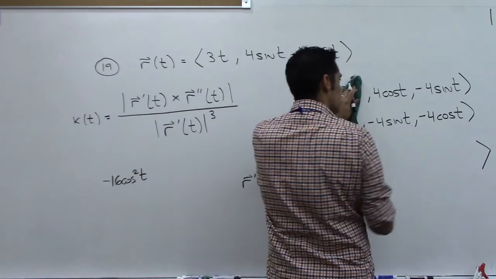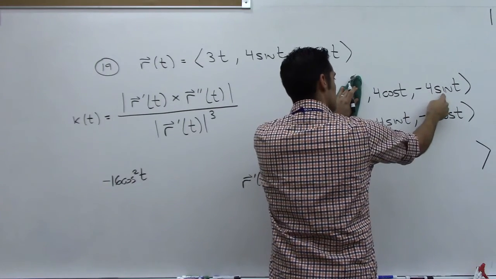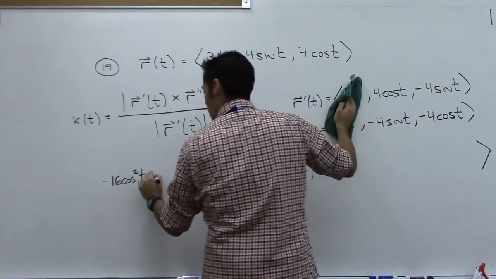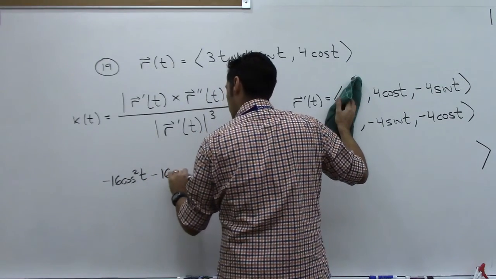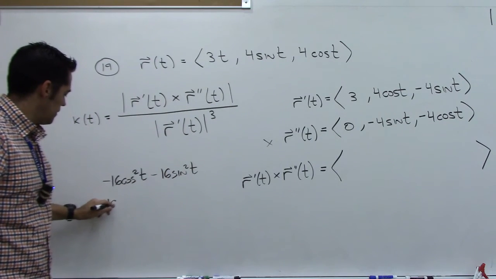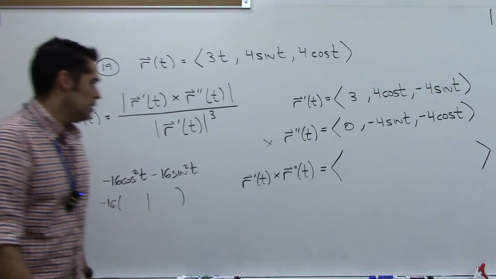Then I subtract negative 4 sine t times negative 4 sine t, so minus 16 sine squared t. If I factor out a negative 16, I have cosine squared t plus sine squared t, which is 1. So this is just negative 16.